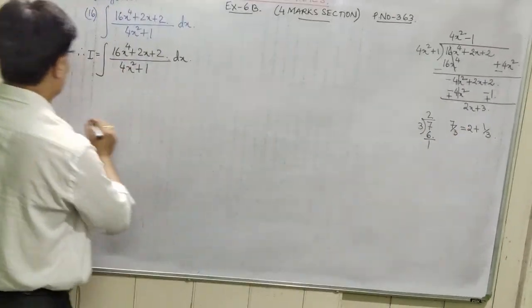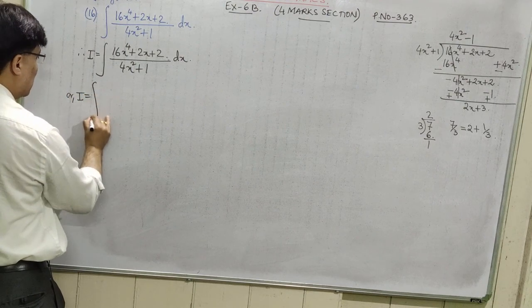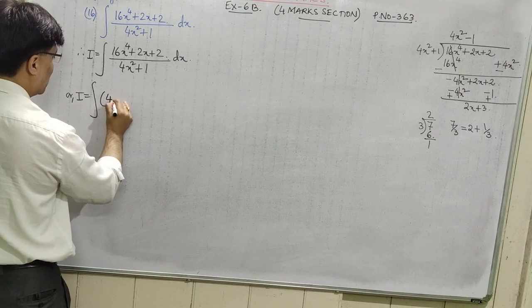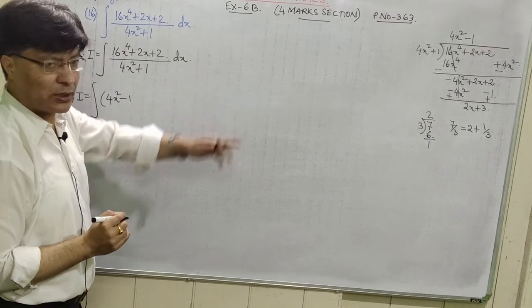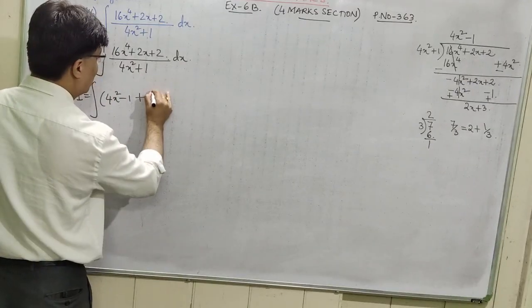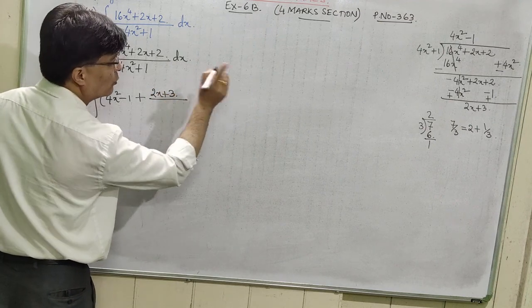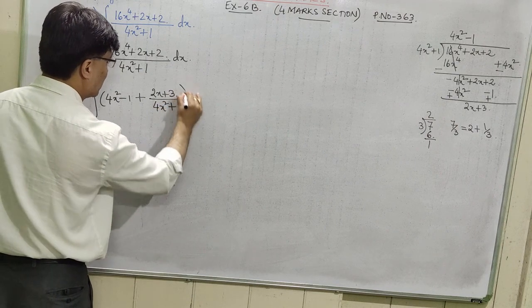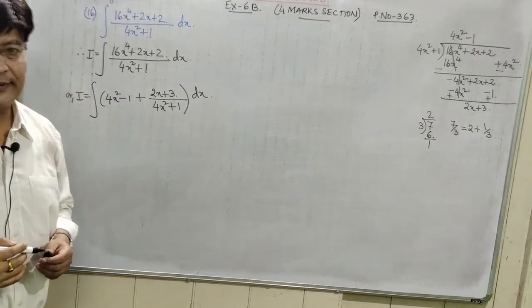So likewise here you can write I is equal to the integration of, now what is the quotient within the bracket? It is 4x square minus 1, that is your quotient, plus remainder upon divisor. What is the remainder? It is 2x plus 3, divided by the divisor, which is 4x square plus 1, bracket closed, then what do we write? dx. Is that understood?